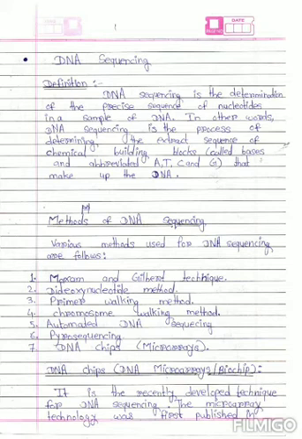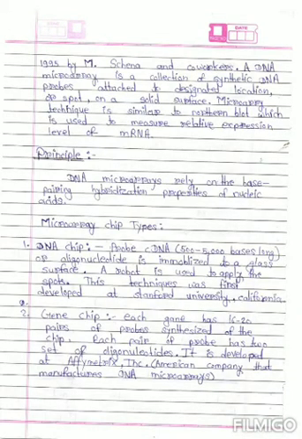DNA microarray chips are a recently developed technique for DNA sequencing. The microarray technique was first published in 1995 by M. Schena and co-workers. A DNA microarray is a collection of synthetic DNA probes attached to designated locations or spots on a solid surface.